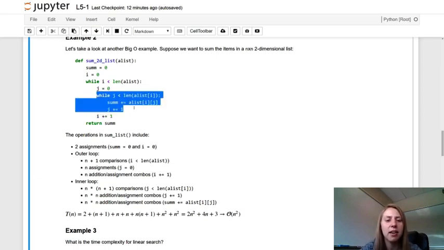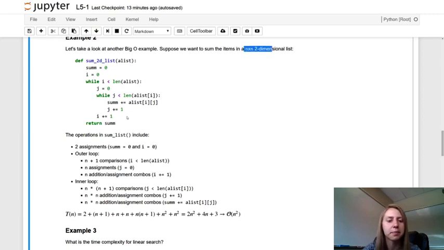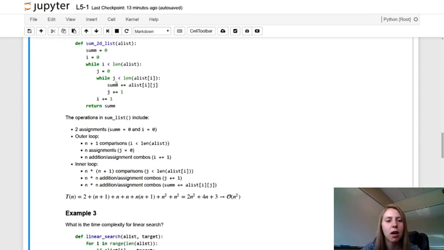Now we have this inner loop, and this inner loop is going to run n times, and the body of this inner loop is going to run n times as well, assuming this is an n by n two-dimensional list. So we have n times n+1 comparisons. So there's n+1 comparisons that will occur here, and this loop is in a loop that will run n times.